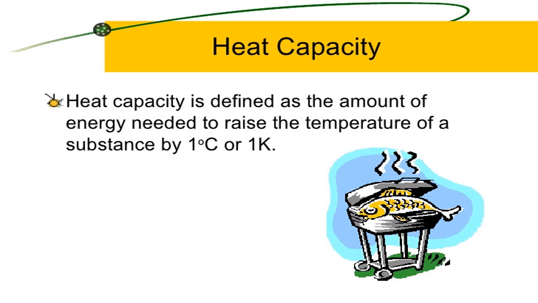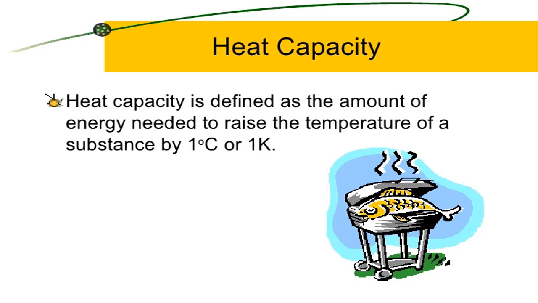Now, first we will define what is heat capacity. Already I gave the introduction, now let us define it. Heat capacity is defined as the amount of energy needed to raise the temperature of a substance by 1 degree centigrade or 1 Kelvin.